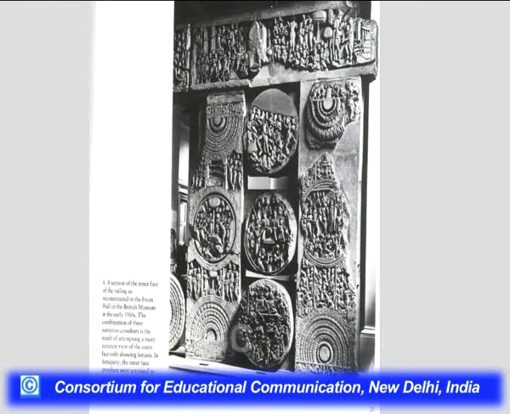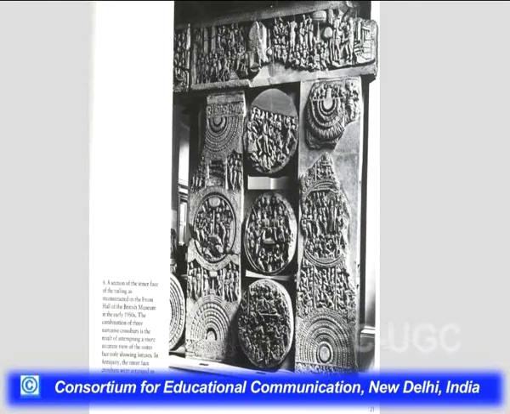The stambhas or the pillars also, not only do they have the two half medallions on the top and the bottom and a full medallion in the middle, but the surface between the medallions is also carved. So it's like a very, very crowded, very, very dense sculptural activity in this railing.